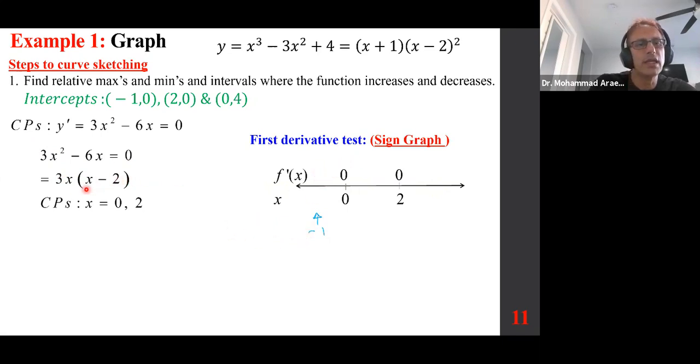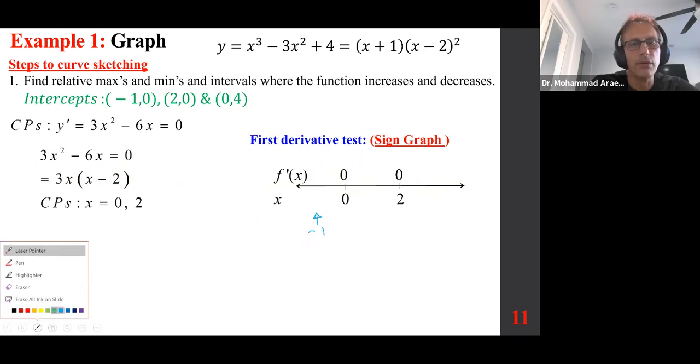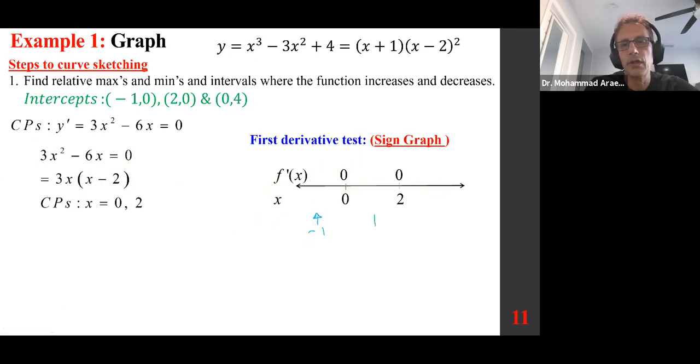So if you plug in -1, it makes this one negative, makes this one negative, negative times negative is positive. Now in between, we pick 1, and after 2, we pick 3. When we plug in 1 here, it makes this one positive, makes this one negative, the product is negative. 3 makes both of them positive, the product is positive. So those are the signs.